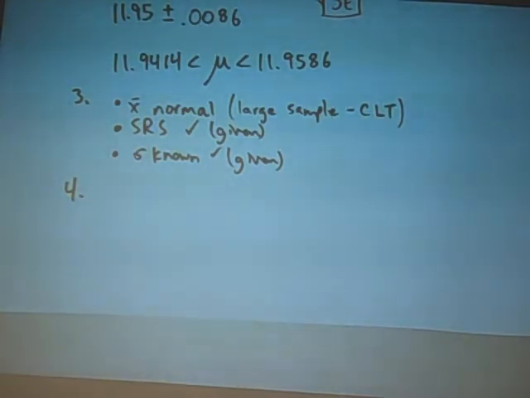Number 4, it says, is it reasonable to think that mu is 12? Now remember, we're talking about soda cans here. We randomly selected 36 soda cans, and we're measuring the amount of soda in a soda can. So what we want to do maybe is check to see, is the average amount in a soda can really 12 according to our data? Remember what we do is think about the number line.